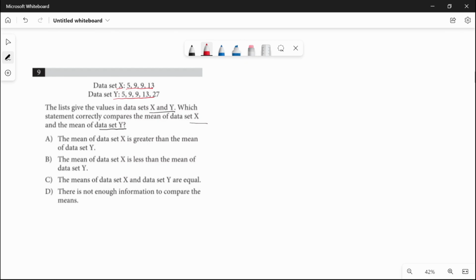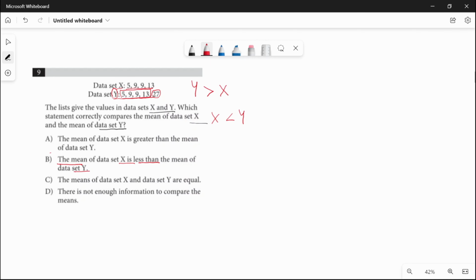While in dataset Y, we have another value which is way greater than the other values listed. Therefore, the mean of dataset Y will be greater than the mean of dataset X. In other words, X will be less than Y. And that is the same as answer B, which says that the mean of dataset X is less than the mean of dataset Y.